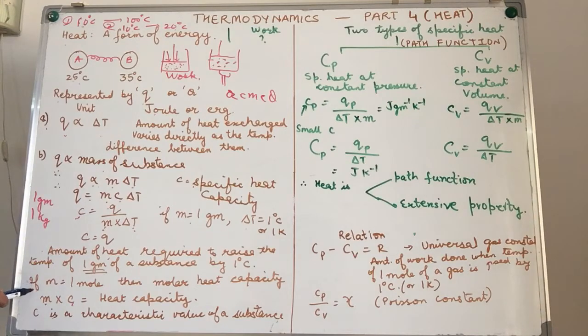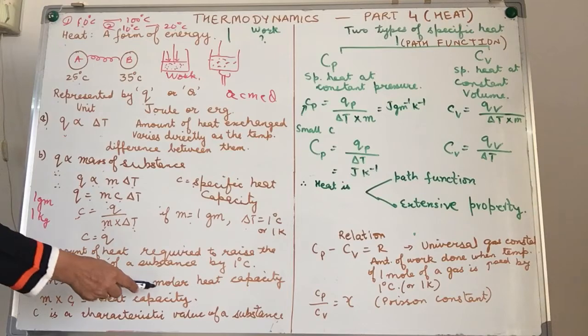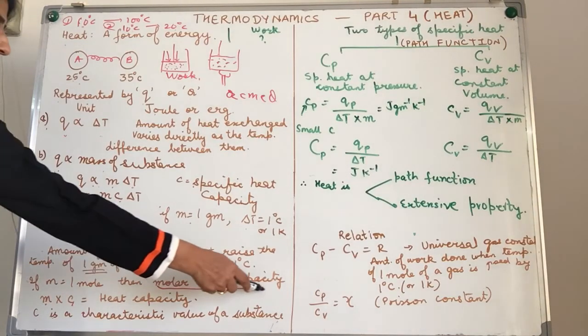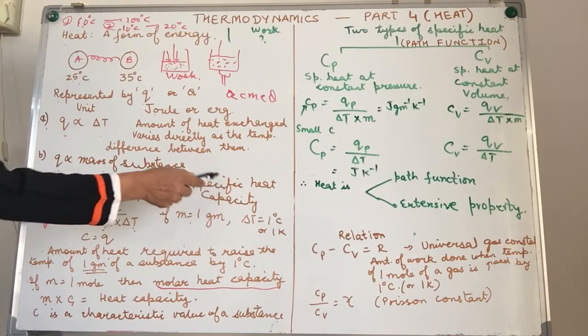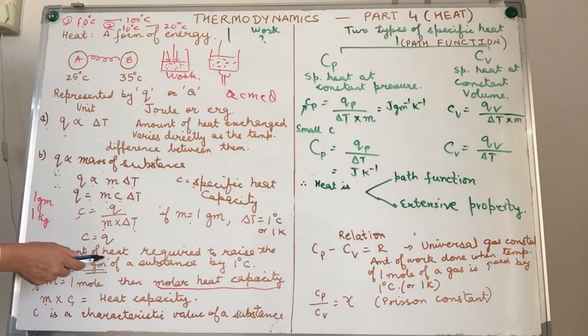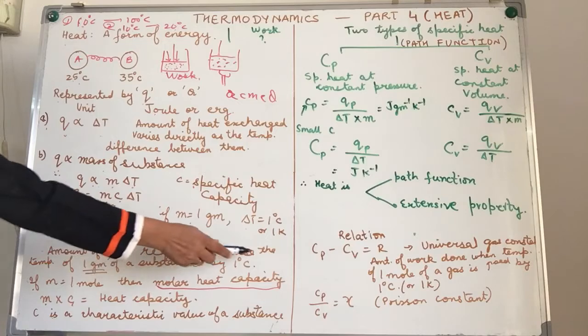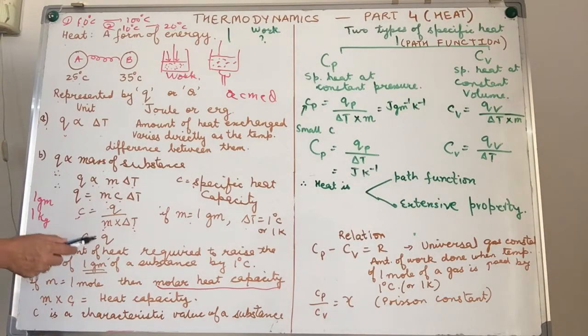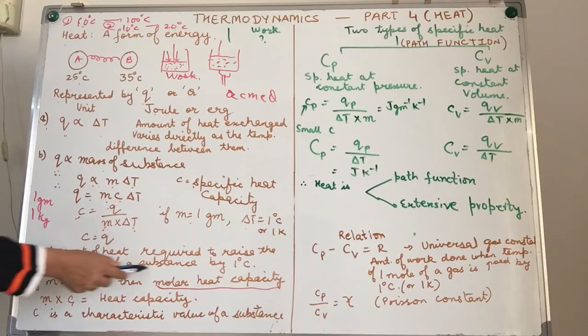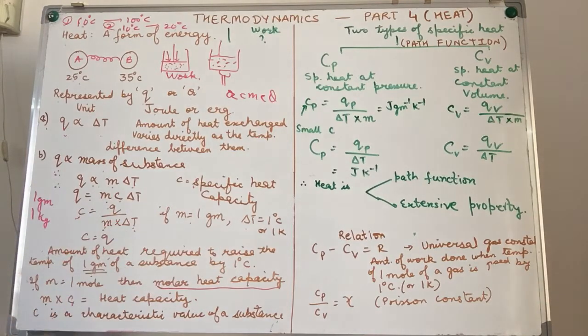So we have also introduced a new term called molar heat capacity. So instead of specific, it becomes molar heat capacity. Now molar would be the amount of heat required to raise the temperature, or you can also say change the temperature, of 1 mole of a substance by 1 degree Celsius.